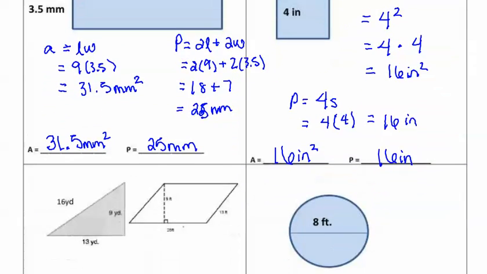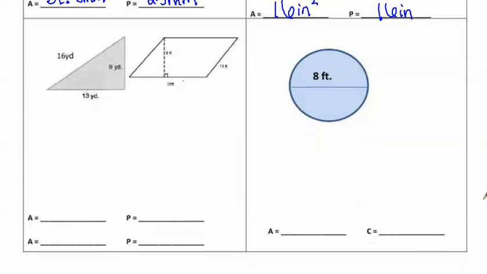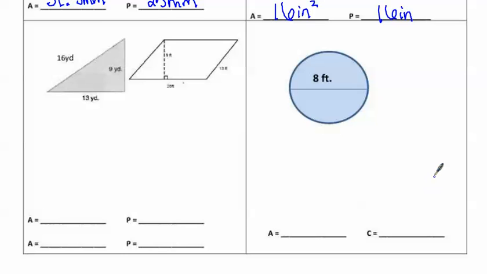Let's look at triangles and circles. For the triangle, put a triangle there so you guys know the difference. The formula sheet states to find the area of the triangle, you put 1/2 base times height. Remember, the height is from the bottom of the triangle straight to the top of the triangle.